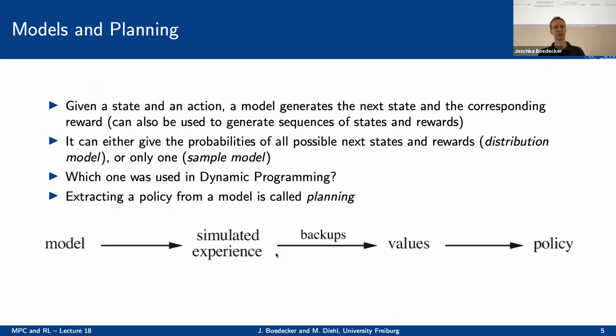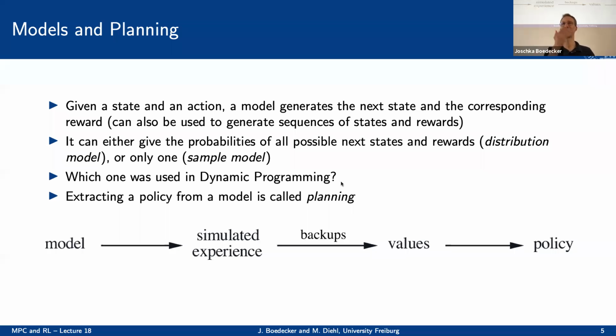Okay, so if we have a state and an action, then our model would generate the next state and also the corresponding reward. You can do that either by predicting a probability distribution over all possible next states, or just the most likely one, which would be called a sample model. Maybe just a quick question, which one did we use in dynamic programming? I think we used both.